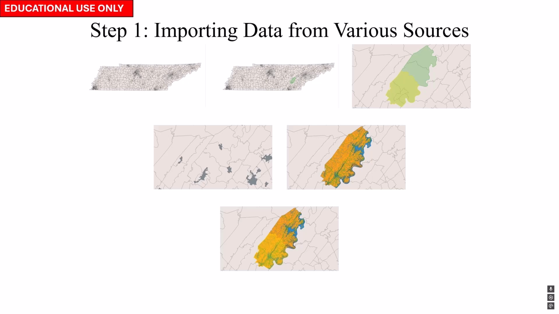Now, in the next step, I will be clipping this down, and I wanted to showcase that with the screenshot at the bottom that shows the yellow polygon overlaying the FEMA data.